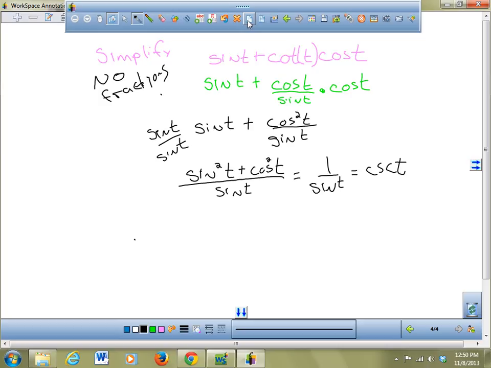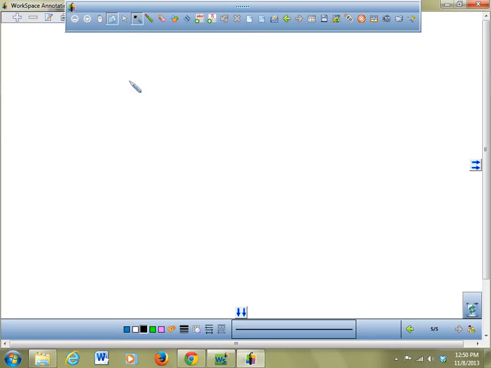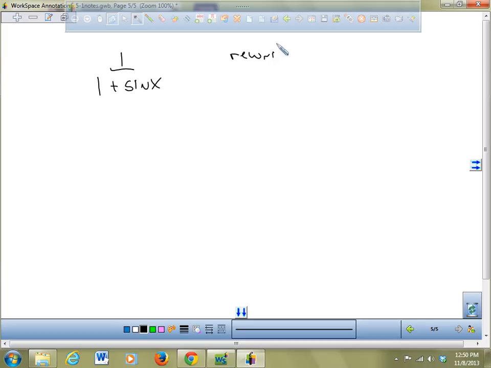So we have one more example, and then something weird called trig substitution, which is kind of a calculus topic, but we're just going to stick in one problem like this. So what if they say this? Rewrite with no fractions.